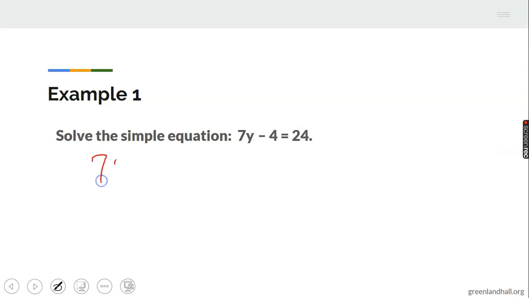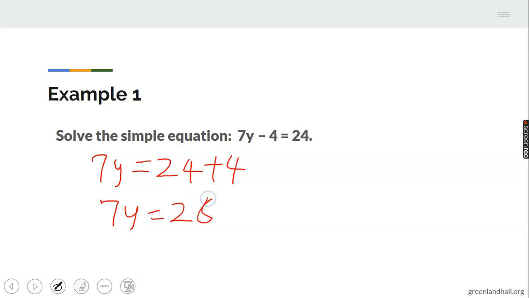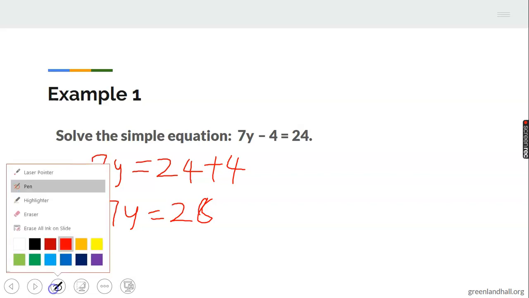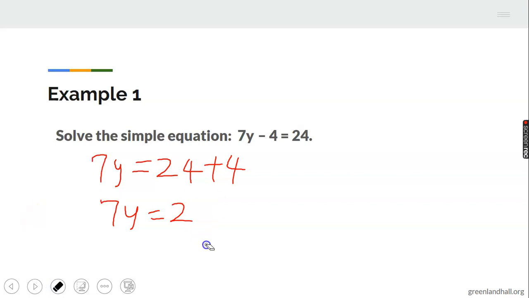That is 7y equals 24 plus 4, that is 7y equals 28. And you divide both sides by 7. This is 28, so that means y equals 4.